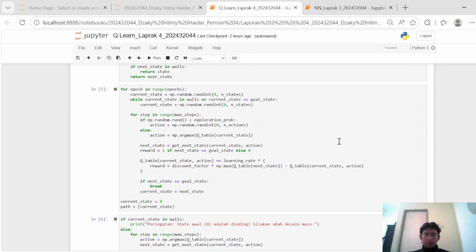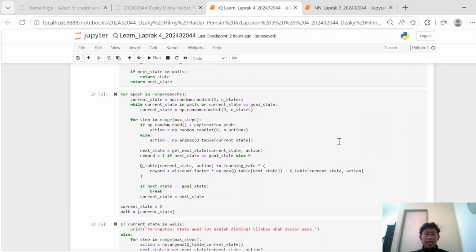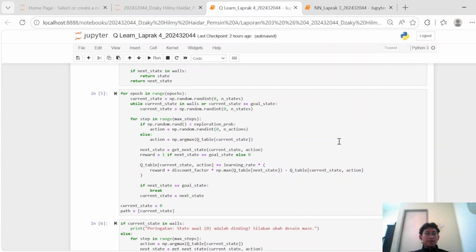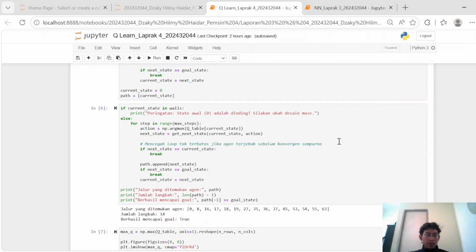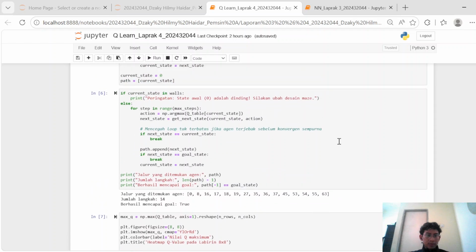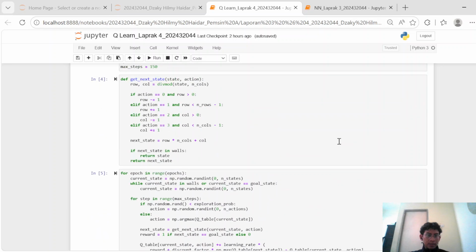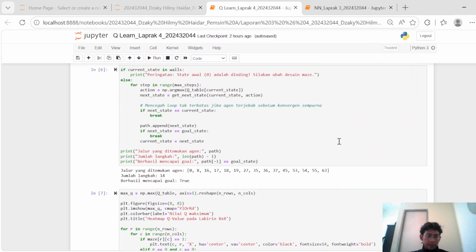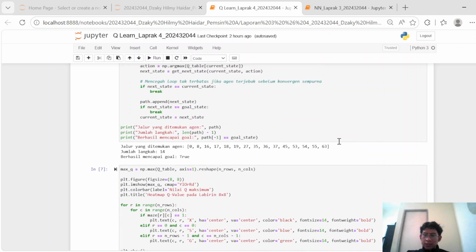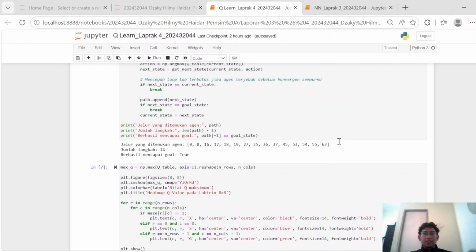We configured the following for this 8 by 8 maze. For alpha, our learning rate is set to 0.8. This high value ensures that the agent aggressively prioritizes new incoming information. The second, gamma, our discount factor, is set to 0.95.